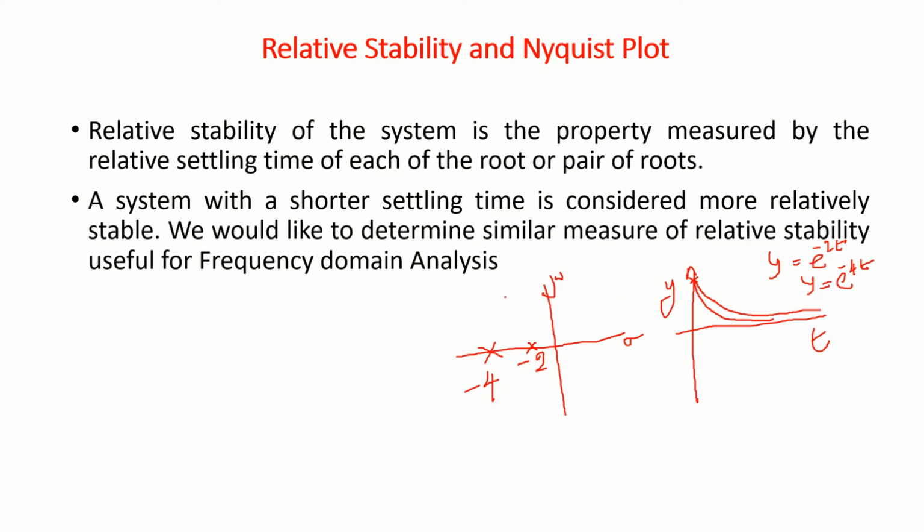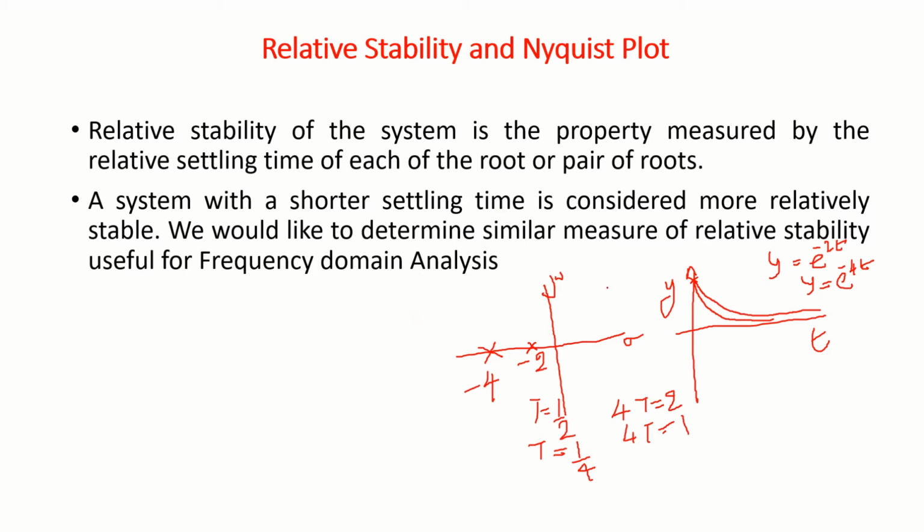Here the time constant is 1 by 2, that is 0.5. So 4 time constants means the settling time is 2 seconds. In this case, the time constant is 1 by 4 and the settling time, 4 time constants, is only 1 second. So as the roots move like this, they settle down very fast. This is how we say relative stability, also for complex roots.